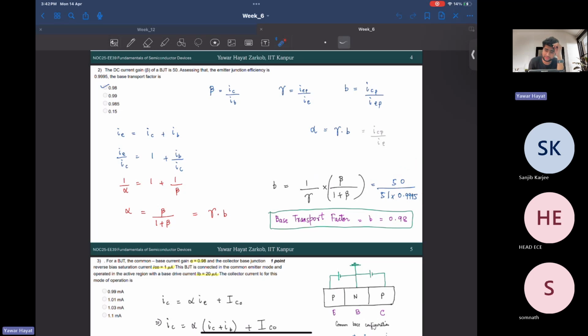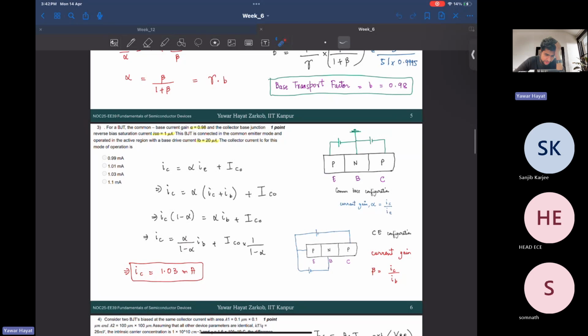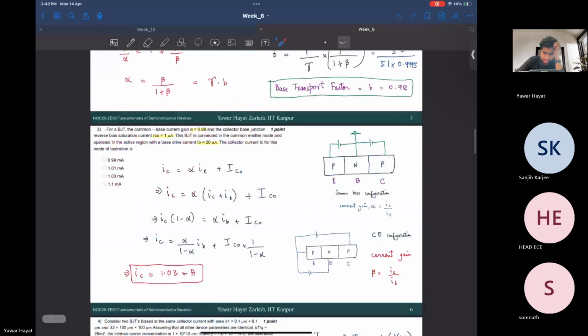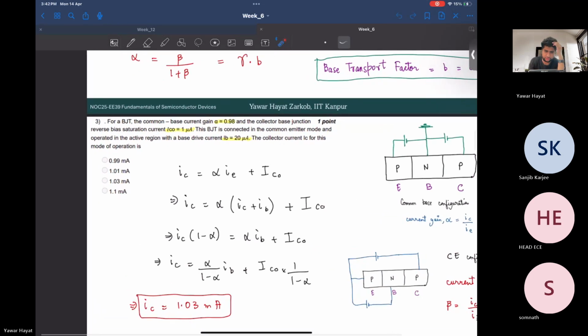We are done with this. That is your base transport factor, and it comes out as 0.98. Now, for a BJT, the common base current gain alpha is 0.98, and the collector base junction reverse bias saturation current ICO is 1 microamp.